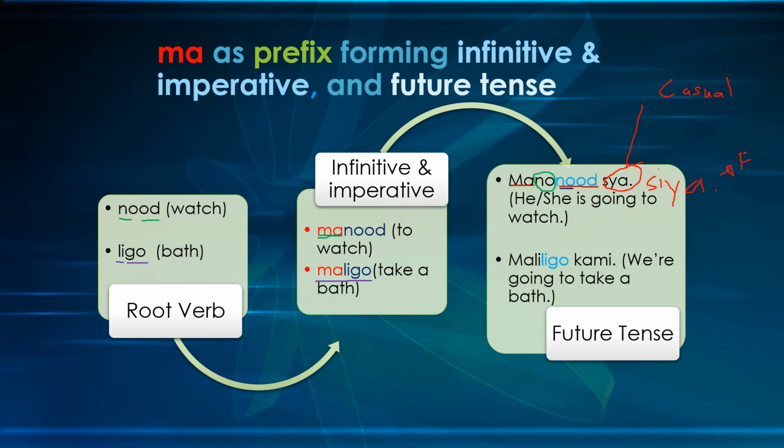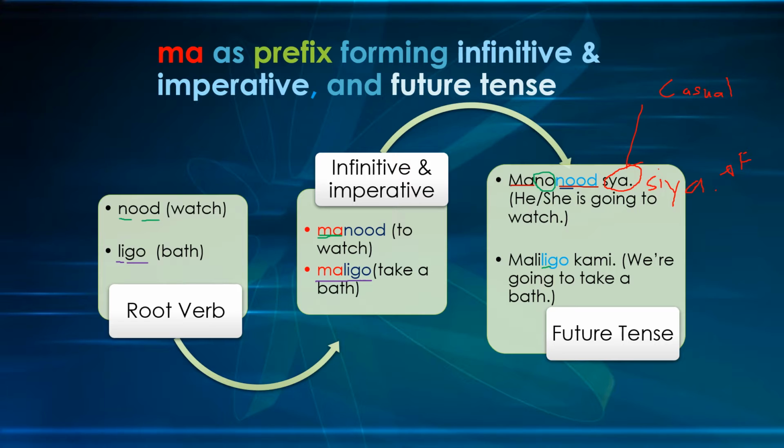And it is the same here. The first syllable is being copied, and now we have doubled li. That's why we have a new word maliligo.